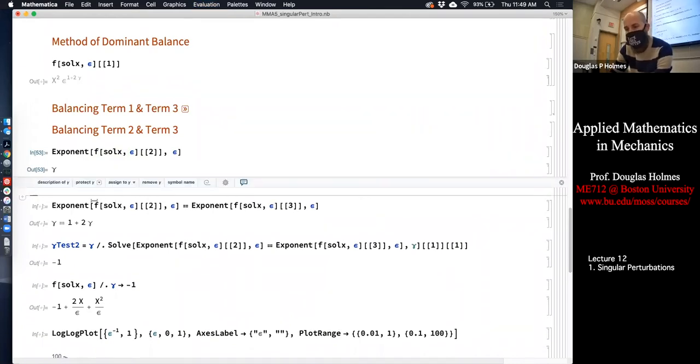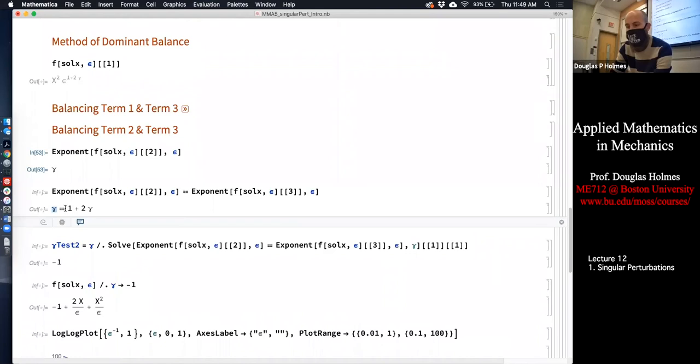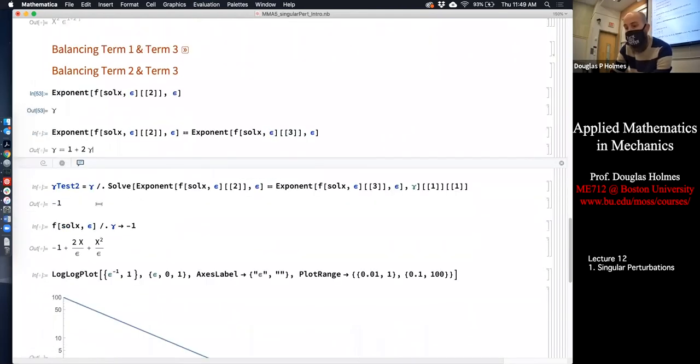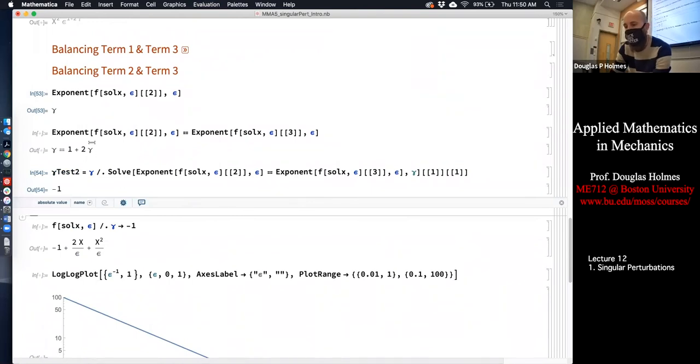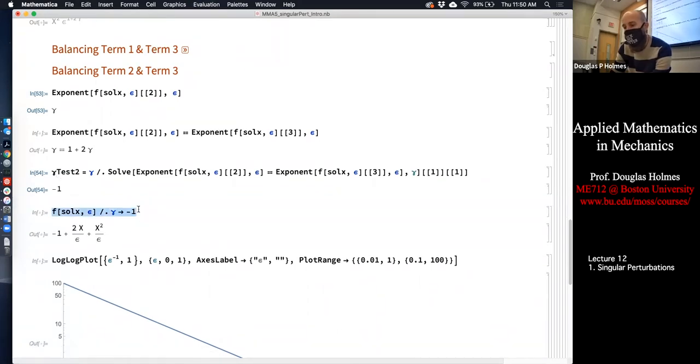So when I balance those two things, I end up with an equation that says gamma is equal to 1 plus 2 gamma. And now my second test for gamma is to just solve this equation, which is very straightforward to do. I'm doing it in Mathematica speak just for clarity, but gamma is equal to negative 1. And so now we can replace gamma with negative 1 in our original equation here.